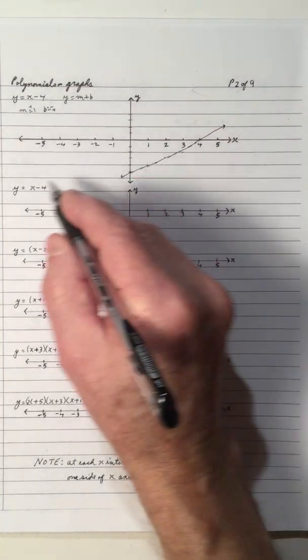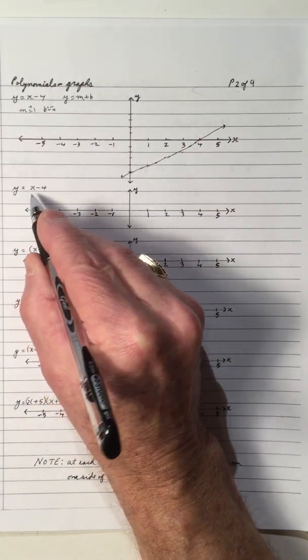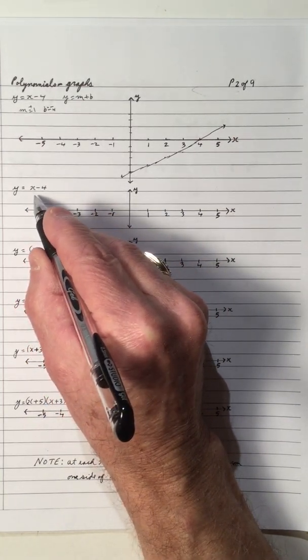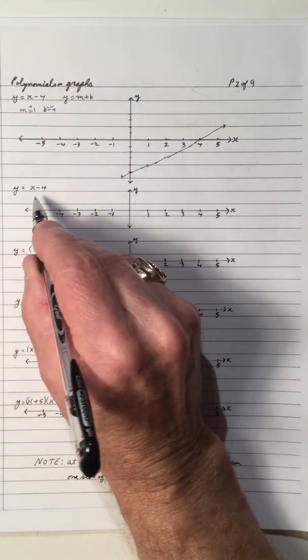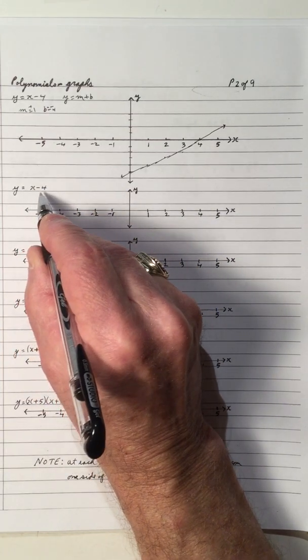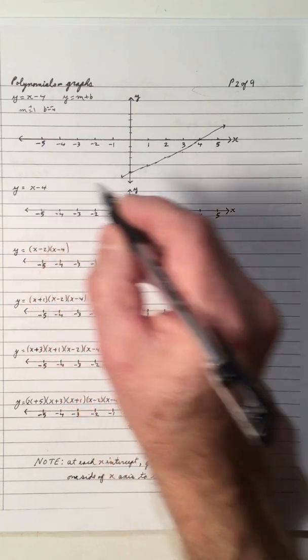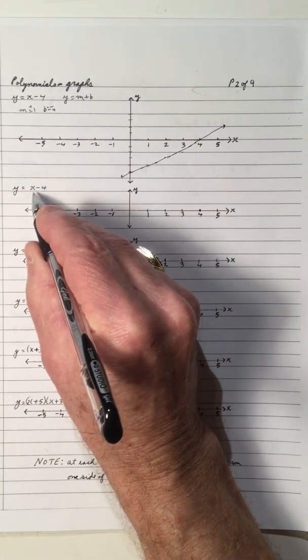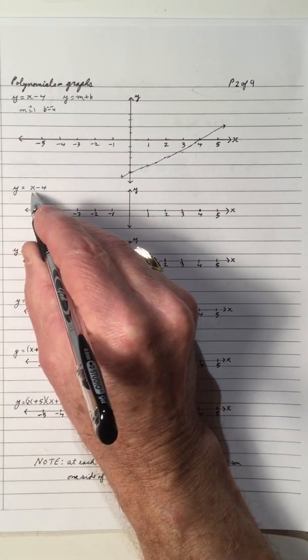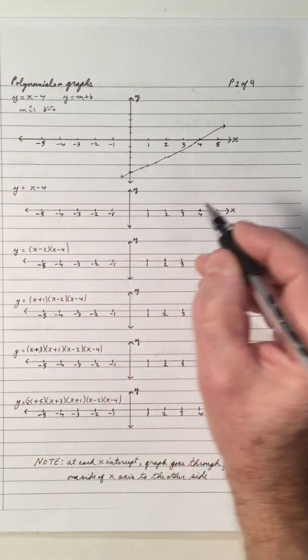You might say, why do I have the same equation again? Well, I'm going to look at this equation from the point of view of the intercepts, especially the x-intercepts. In x minus 4, when x is 4, y is 0. When x is 0, y is -4.